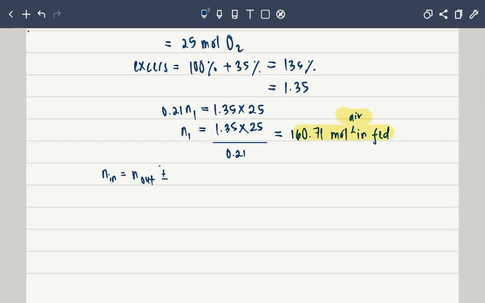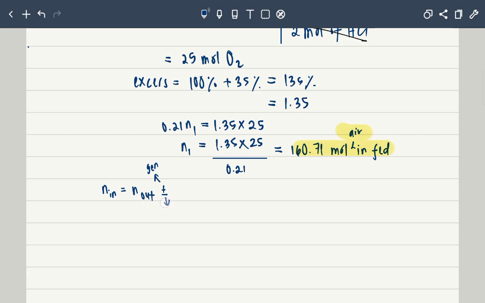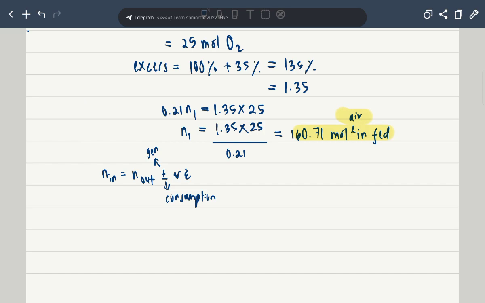Plus is when you generated, which is your right hand side lah in chemical equation. And then the negative one is your consumption. Okay, and then stoichiometry and extent of reaction. So kita boleh cari dulu mana yang boleh dicari.